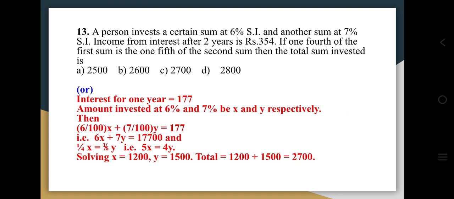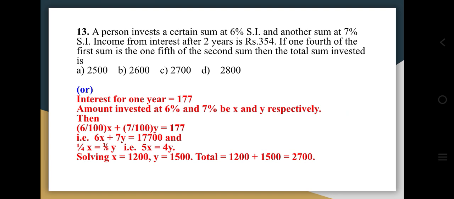To solve the equations, you multiply the first equation by 5, the second equation by 6, then subtract, and you get the value for y. After finding the value for y, you substitute in one of the equations to get the value for x.